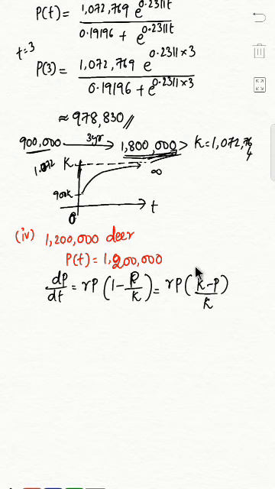So K is 1.072 million and P is already 1.2 million. K minus P gives you a negative value. So dP/dt is negative. That means the rate of change in P is negative. That means P is in decreasing mode, right? So we can find the initial population.